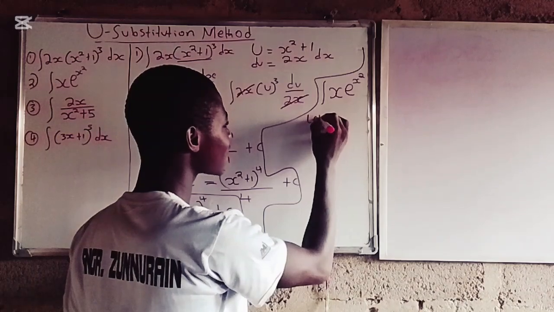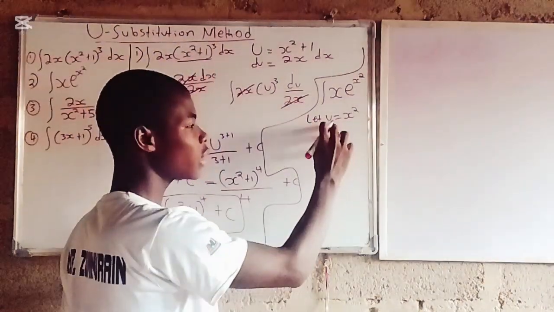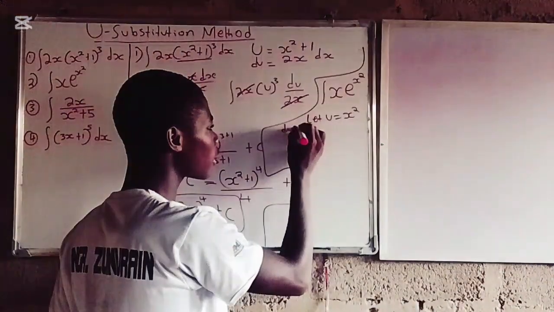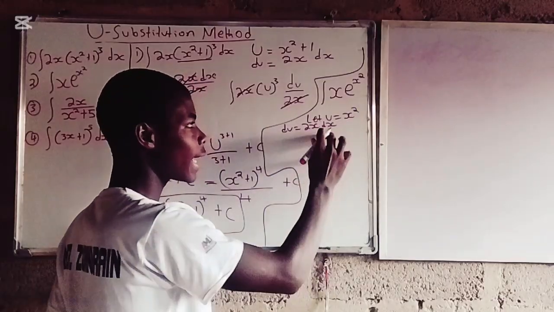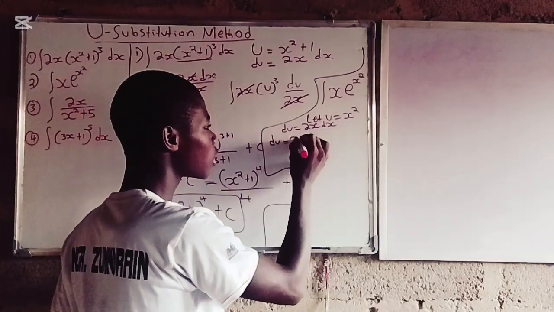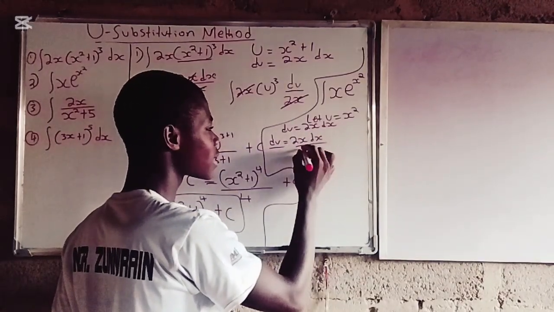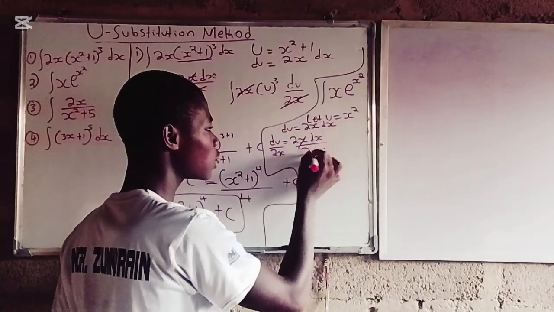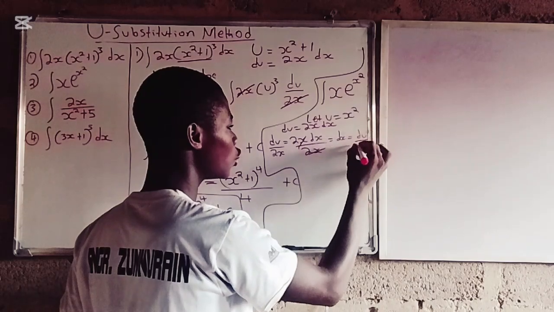So let u equal x squared. What will be the derivative of this function u? du should now be equal to 2x dx, and I have to find dx. I say du equals 2x dx, and divide both sides by 2x. 2x will go with 2x. dx is the same thing as du by 2x.